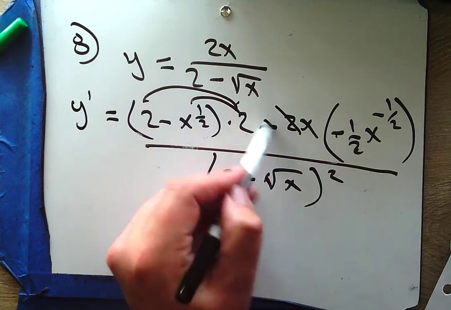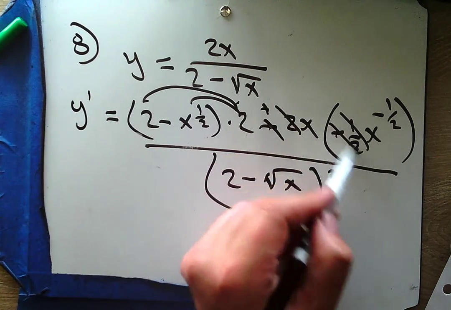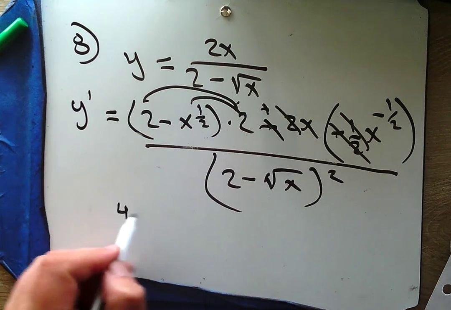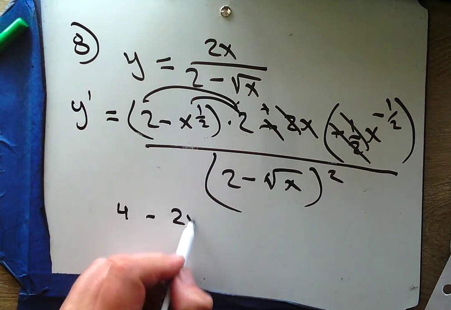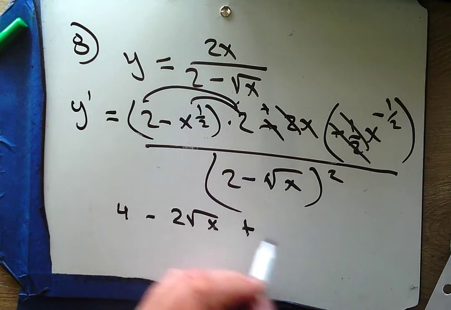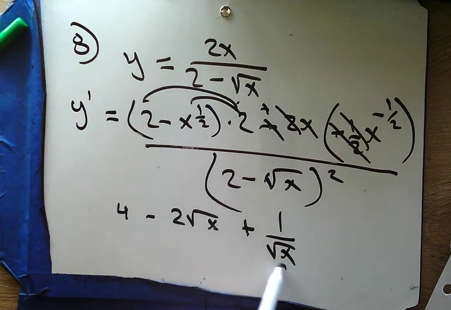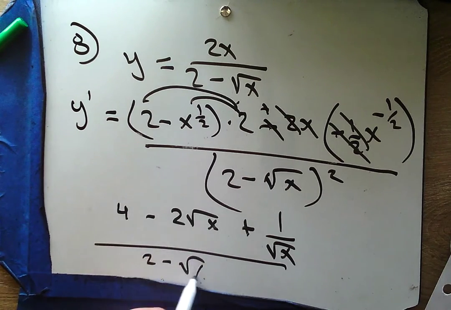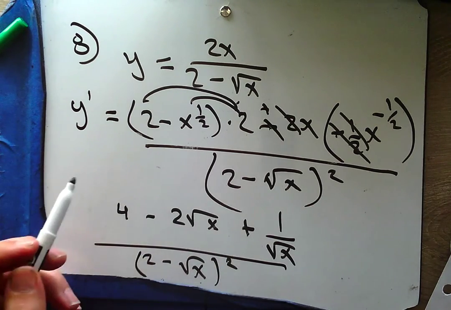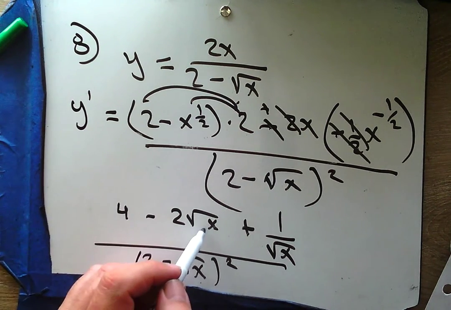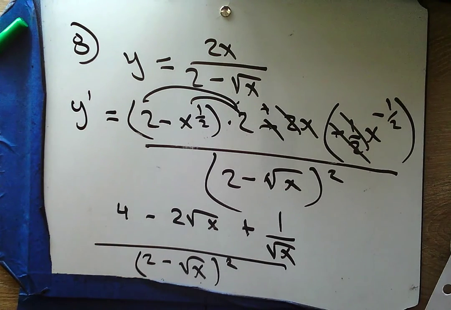And then that becomes plus. So what is this? 4 minus 2 square root of x plus 1 over square root of x, all over that denominator. Are you sure this is right, Mr. People? Yeah, I don't know. If I make a common denominator, and now I don't want to do that. I like it though.